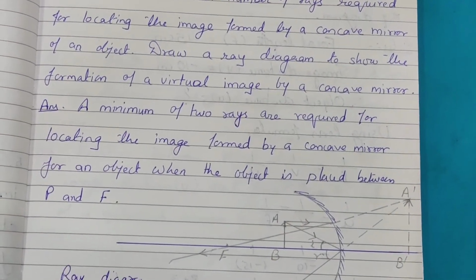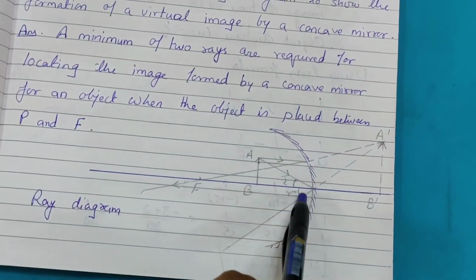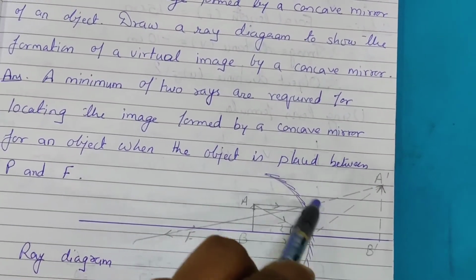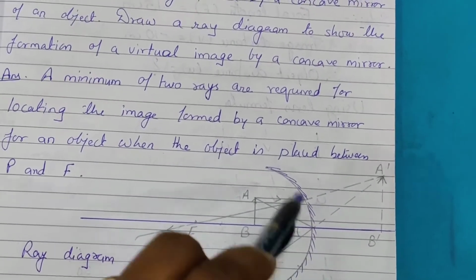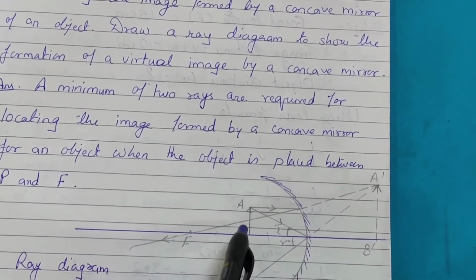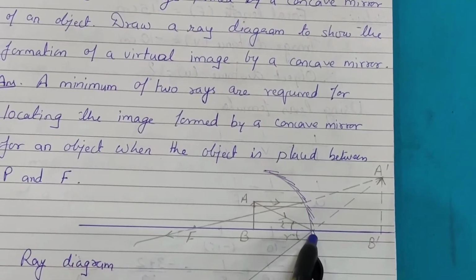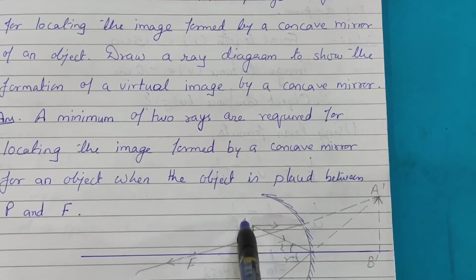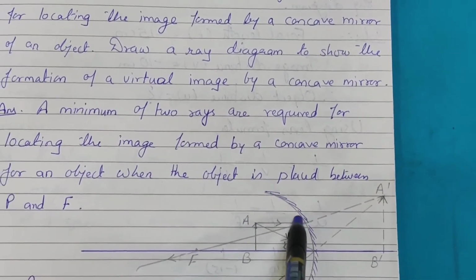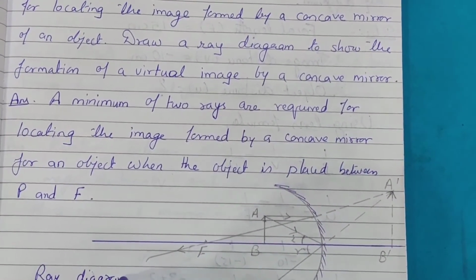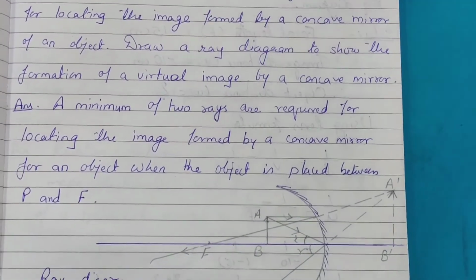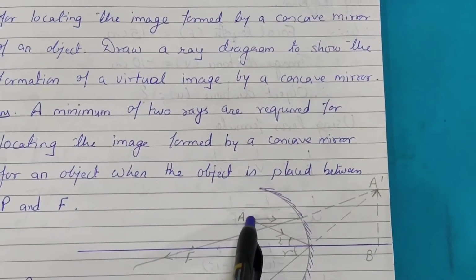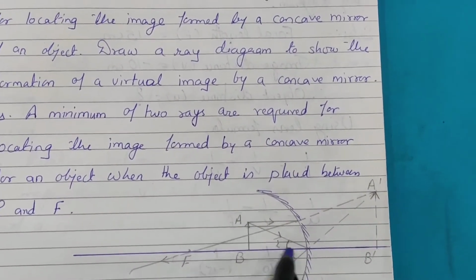Now this is your ray diagram, this is your concave mirror, this is your shining part, the inner part, and the outer part is the non-reflecting area. When an object is placed between pole and focus, when the light rays pass, they diverge, and another ray falls and passes through the pole.